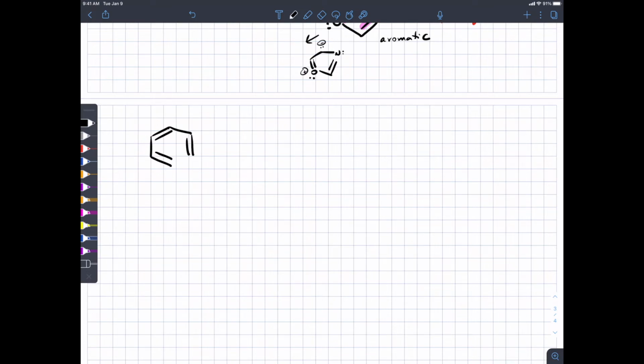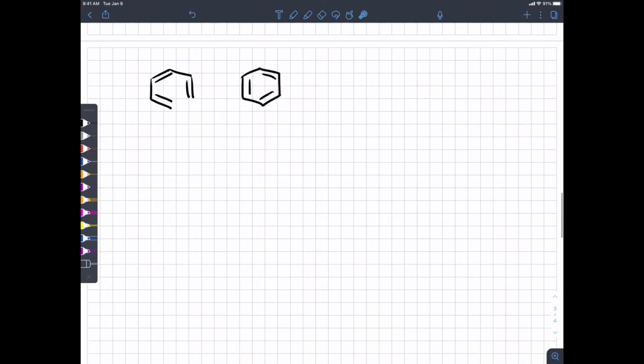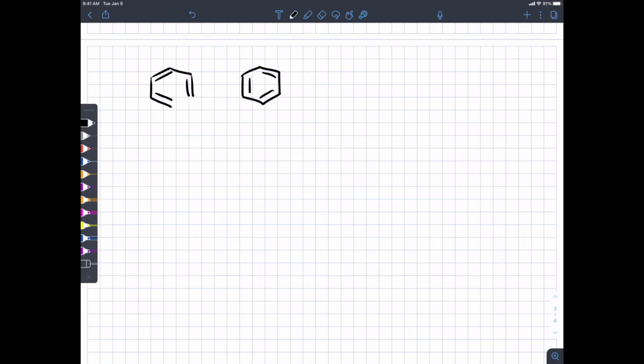You have p orbitals on adjacent atoms, but it's not cyclic, and so there's no aromaticity. It might be perplexing as to why benzene, with the same number of pi bonds and also resonance, is still more stable than this one, and it has to do with a molecular orbital theory argument that we'll get to a little bit later.